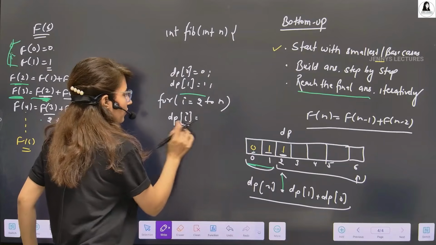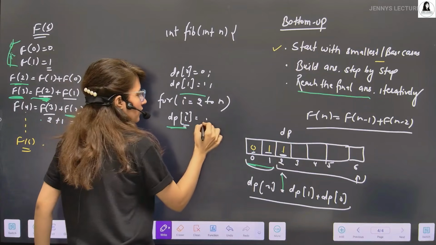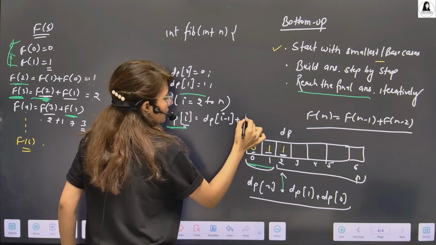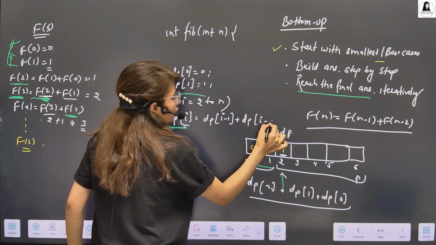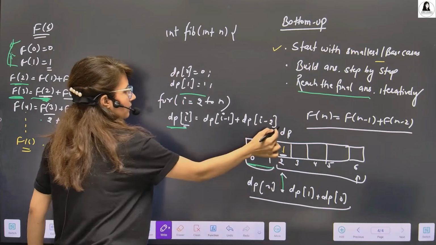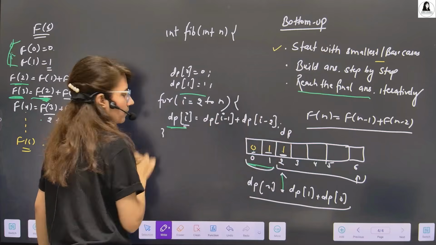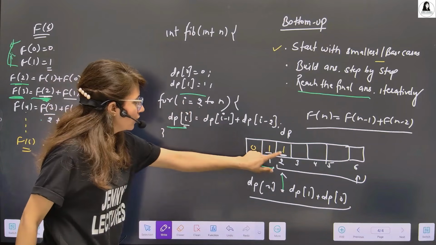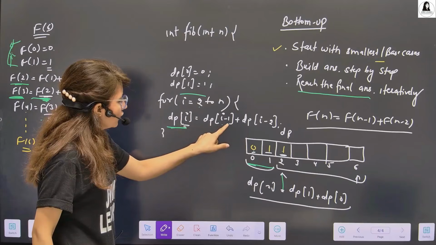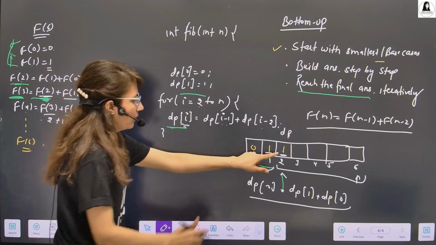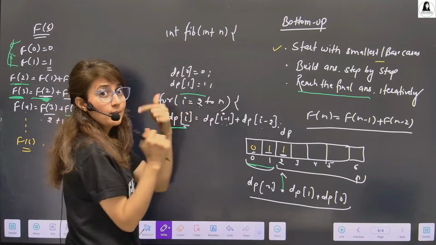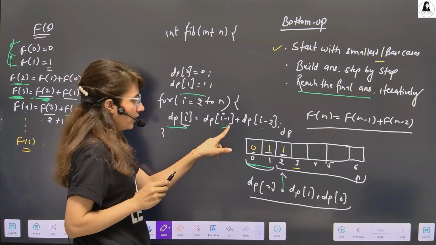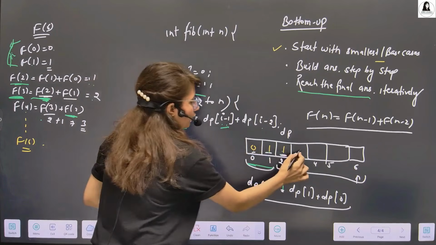So here whatever at dp of i, what you do? Just add at i minus 1 plus i minus 2. Simple. In this loop. Now see, when i is 2, so dp of 2 is 2 minus 1, 1 and 0, so it will be 1. Okay, next i plus plus, now i becomes 3. So when i is 3, we add whatever dp at 2 and this, so it will be 2.